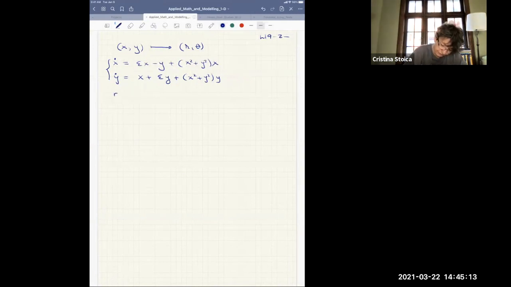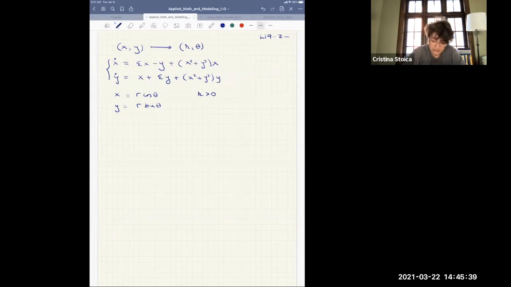Here is the standard x equals r cos theta and y equals r sine theta. To be precise, r has to be positive. R equal to zero is not good, because this map has to be well defined back and forth, injective and surjective.